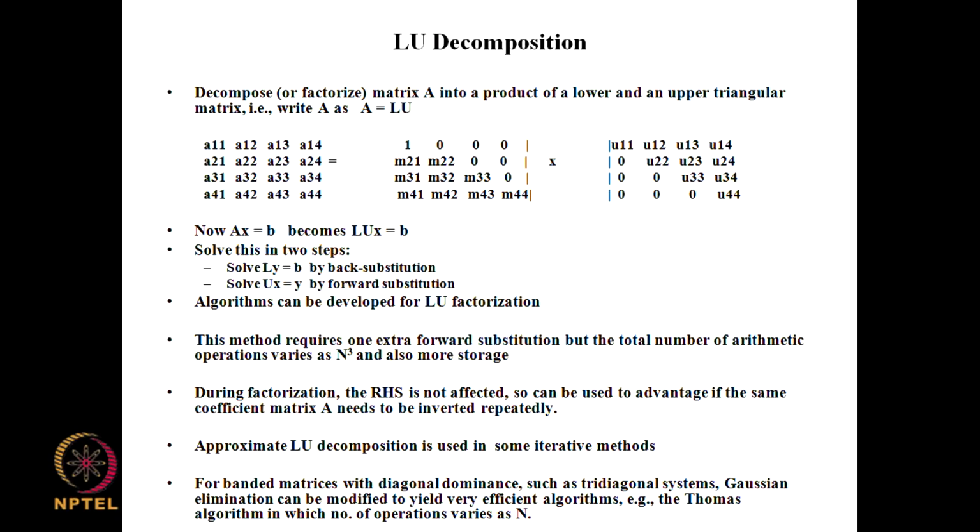So, with this type of approach, it is possible to come up with an efficient method, and there are other conditions which we will see later in which LU decomposition is used, for example, through a process known as approximate LU decomposition or incomplete LU decomposition. These are used to construct better, more efficient methods than the pure LU decomposition, Gaussian elimination, or even the Gauss-Seidel method.